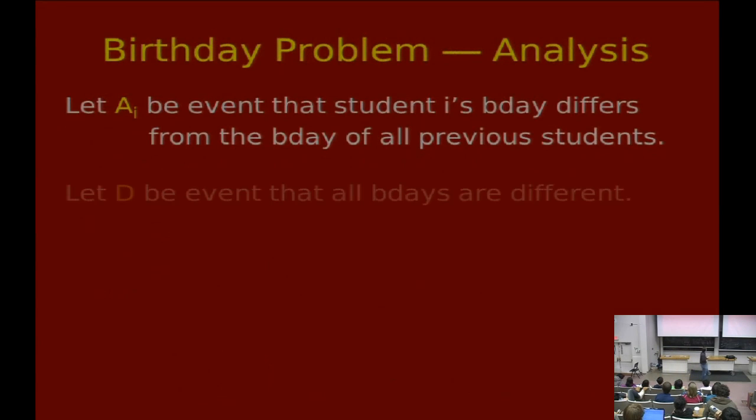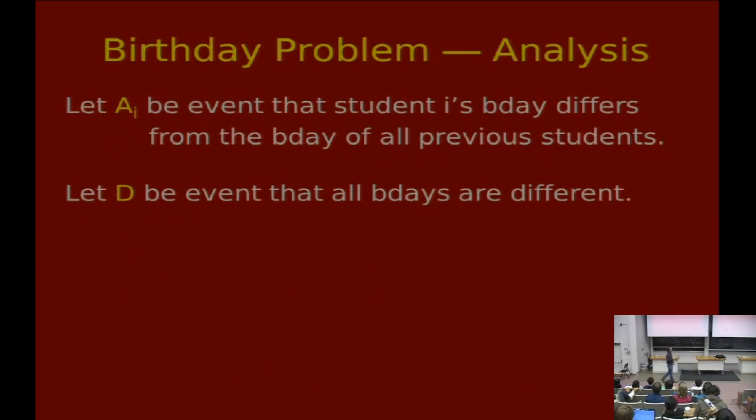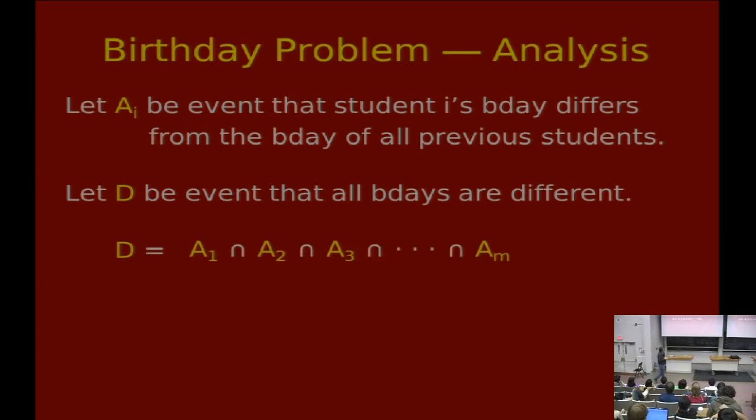And this is the event that we really care about, D, the probability that all the birthdays are different. And D is, I claim, the intersection of all these events, the AND of all these events. So why is that the case? Can somebody say?